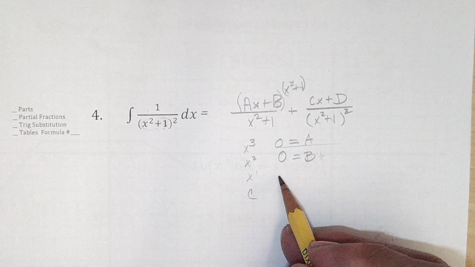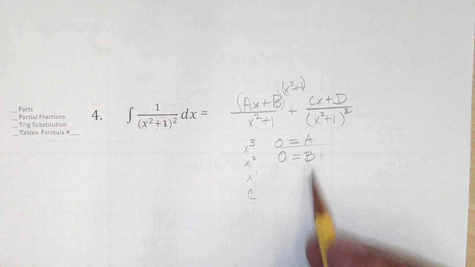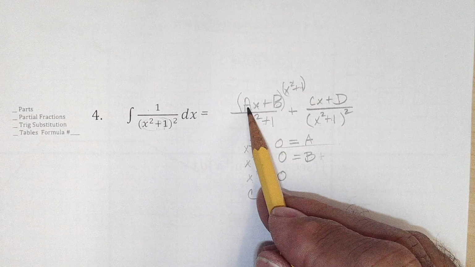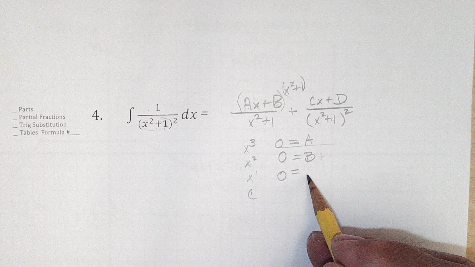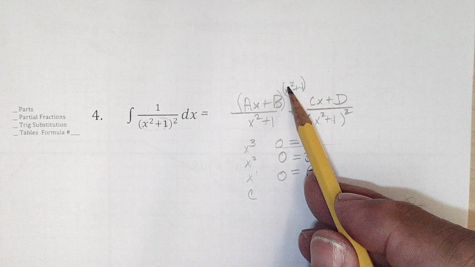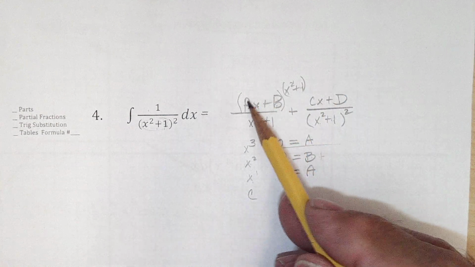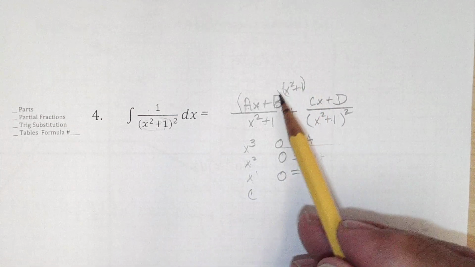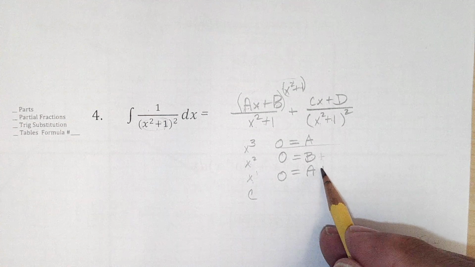And c, the x's, there's none. So 0. How many x's here? Well, we have ax times 1, so we have a number of x's. And we have b times x squared. Nope. B times 1. Nope, that's not an x. And so there's no more x's here. And over here we got c.